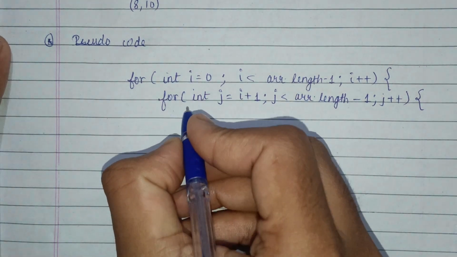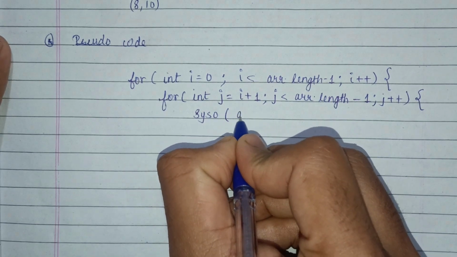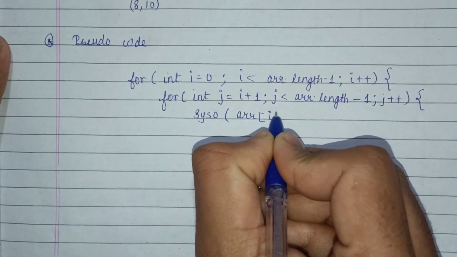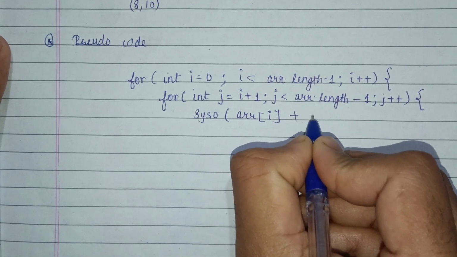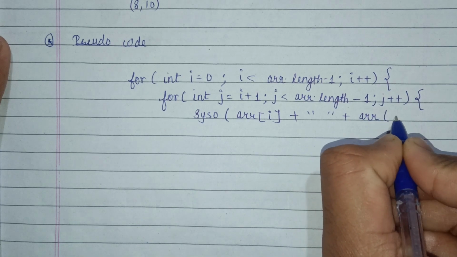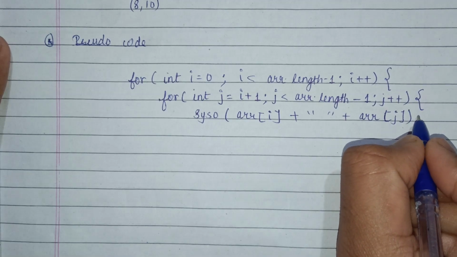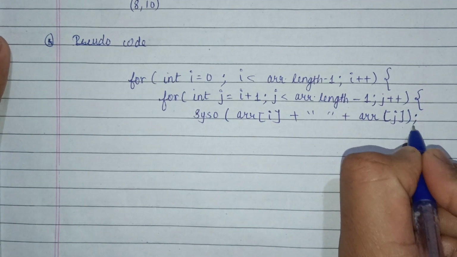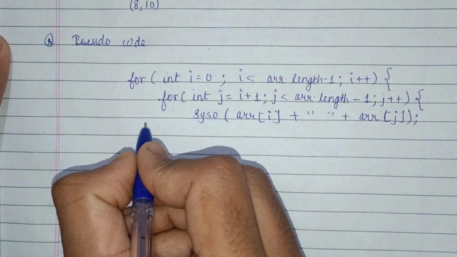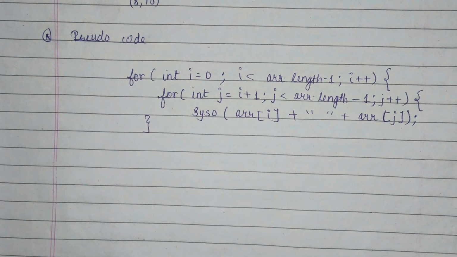So simply print array of i plus array of j. So we are giving the gap for it to print the difference, obviously, and we have to close the loop.